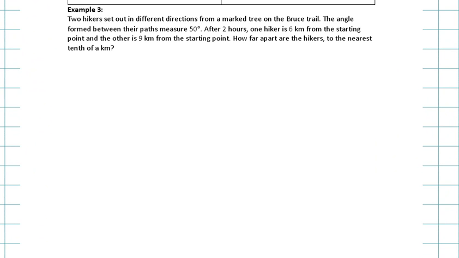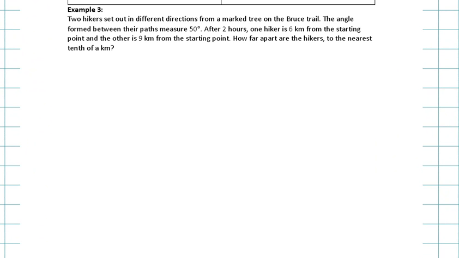So try to draw something on your paper. Or if you want, you can come and try it on the board. Two hikers set out in different directions from a marked tree on the Bruce Trail.